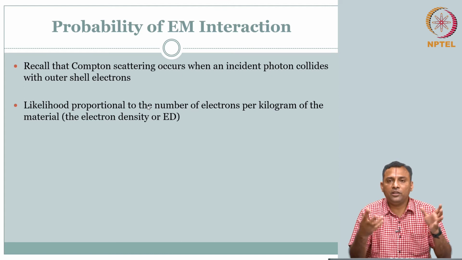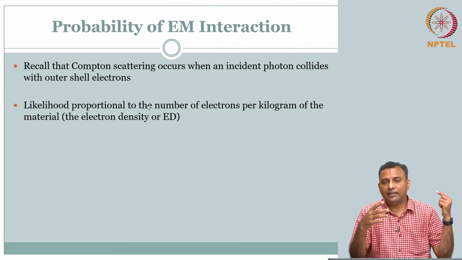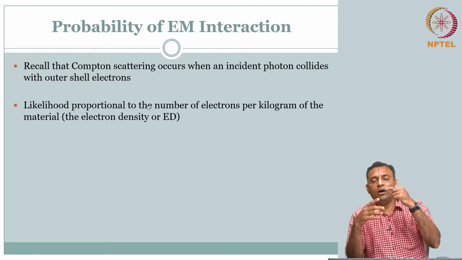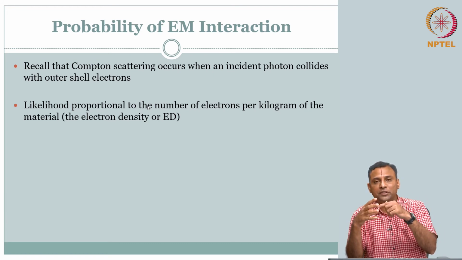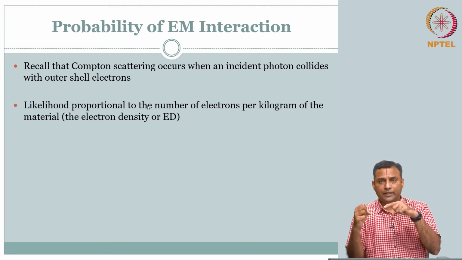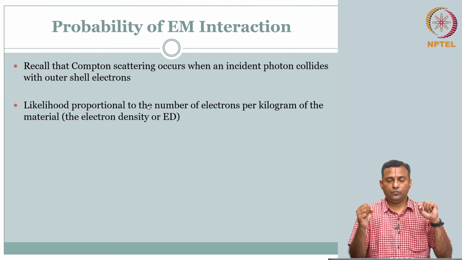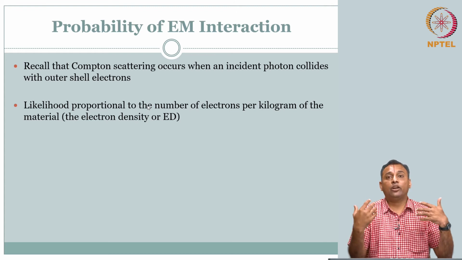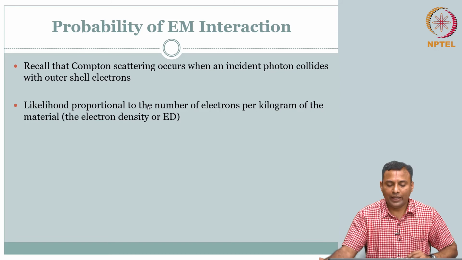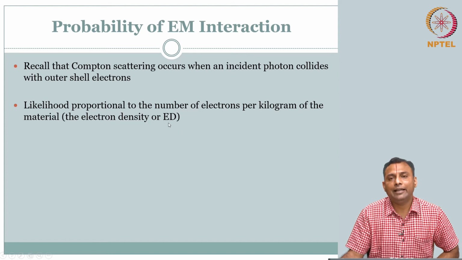The likelihood is, if you have more electrons, the chances are that it encounters an electron at the outer level before it is attracted by the nucleus, or goes towards the K electron. So that means you have to maximize the electron density. Okay. So likelihood is proportional to the number of electrons per kilogram of the material, or the electron density.